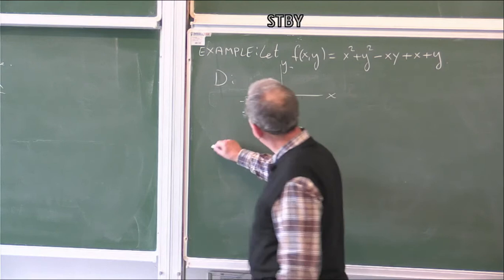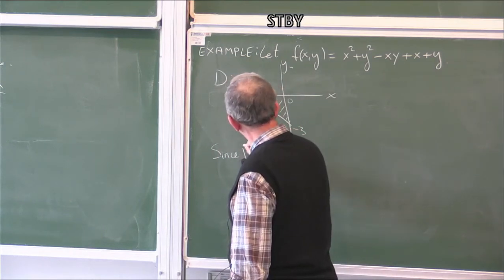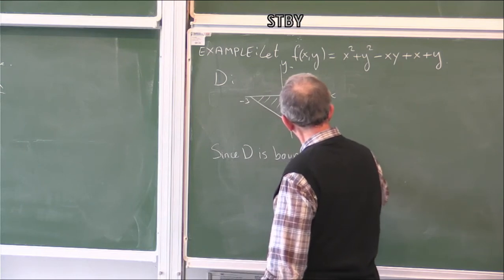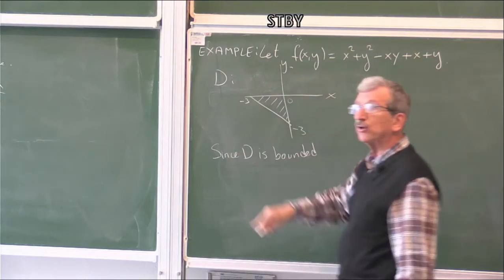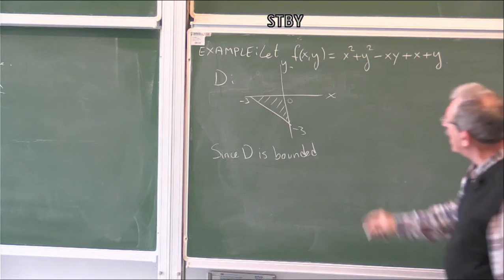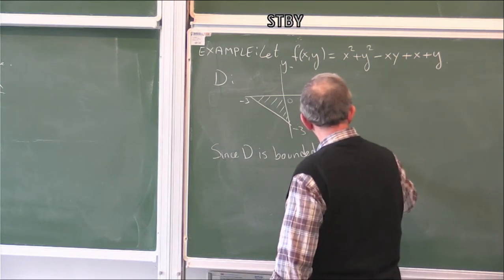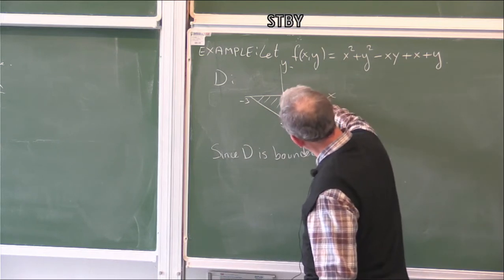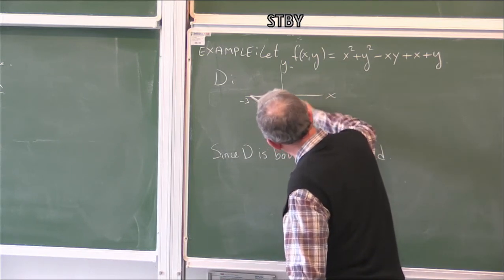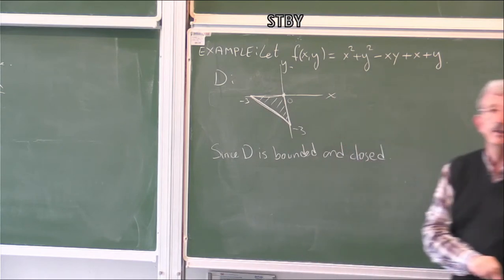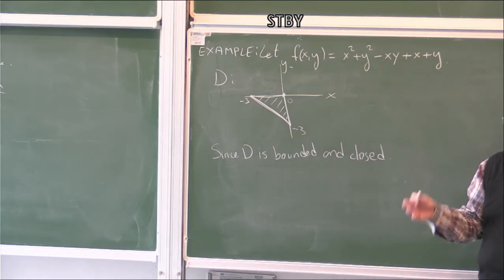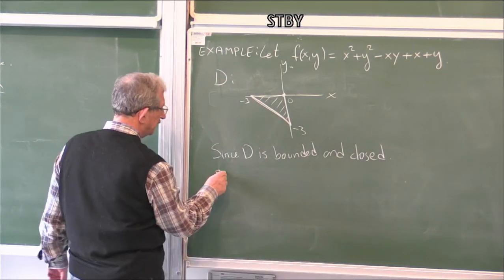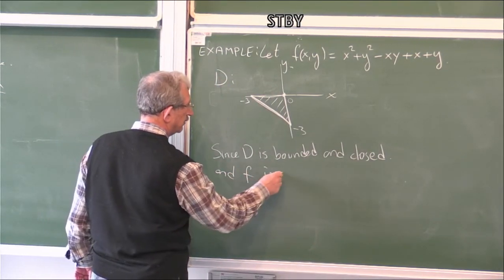Now, since D is bounded, obviously you can put it in a circle, in a disk, okay, and closed because it contains all the boundaries. It's a closed and bounded subset of the plane. And f is continuous.